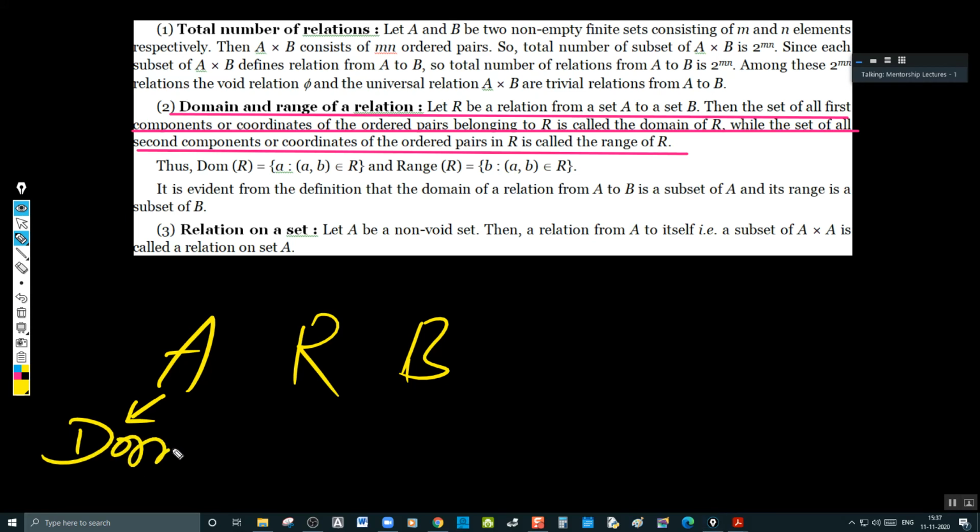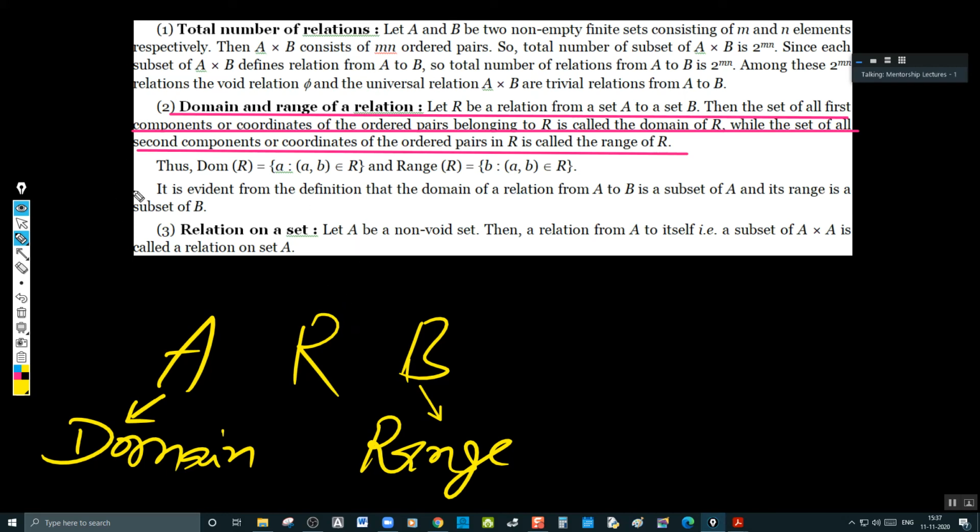Input, domain. What is B? Range. Nothing but range. This is what you have to understand.